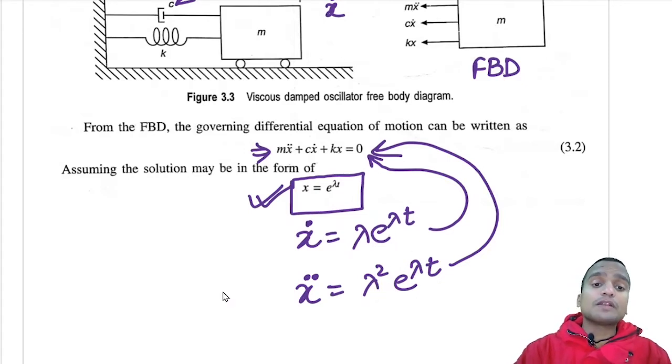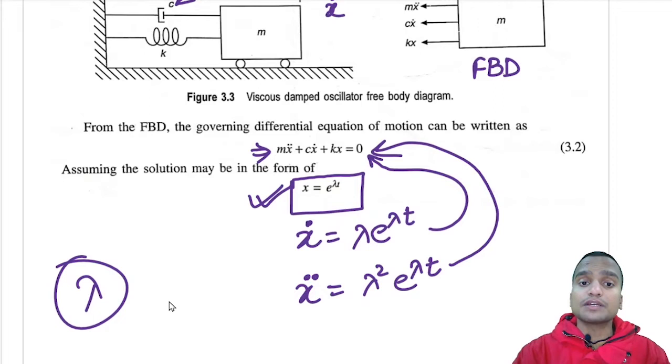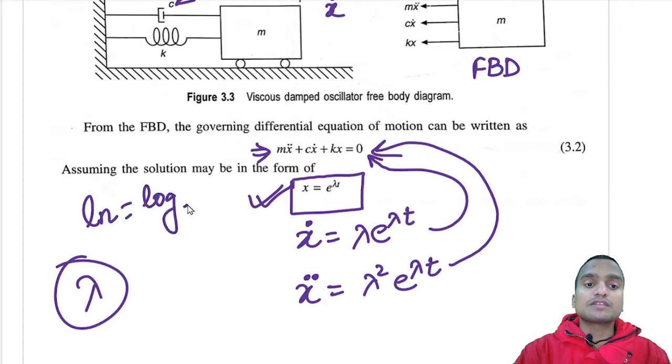But what will be the value of lambda? That is of much more concern here. We don't know, lambda is a variable here. e is the logarithmic e, I hope you know. ln is the log to the base e, okay? So this exponential term e is used, and t is the time.